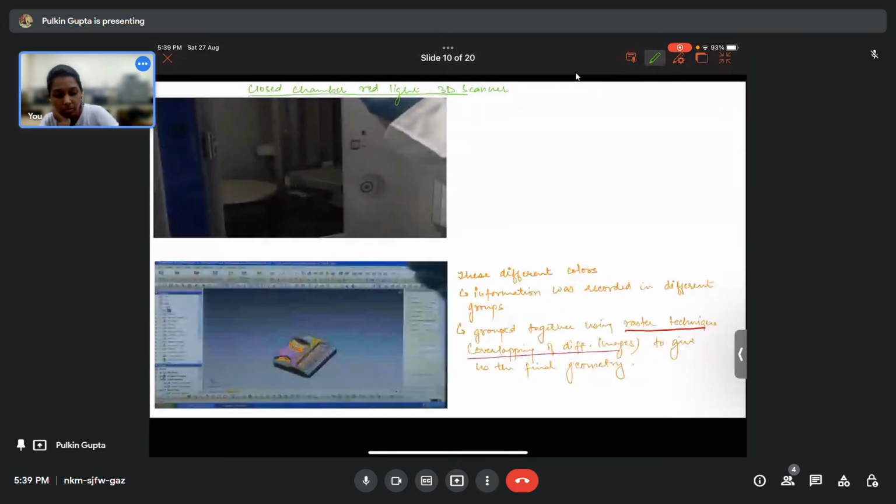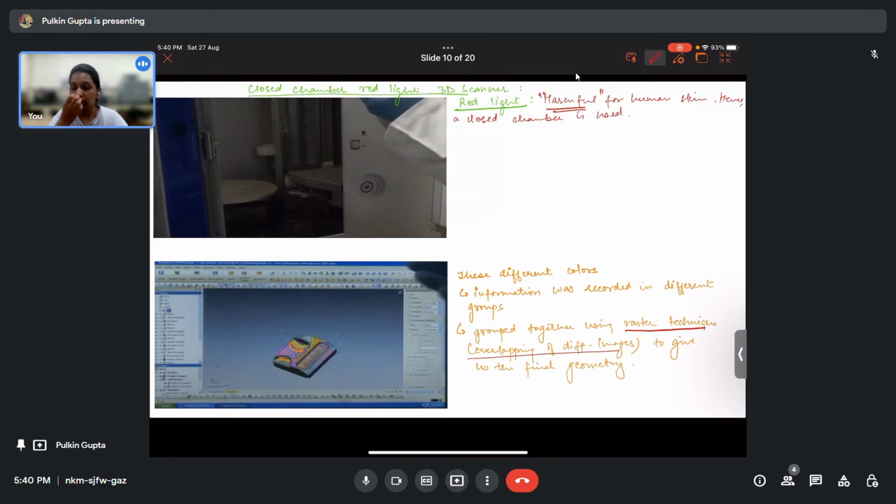Here a red light is being used, and this red light is harmful for human skin. Hence, a closed chamber is used.